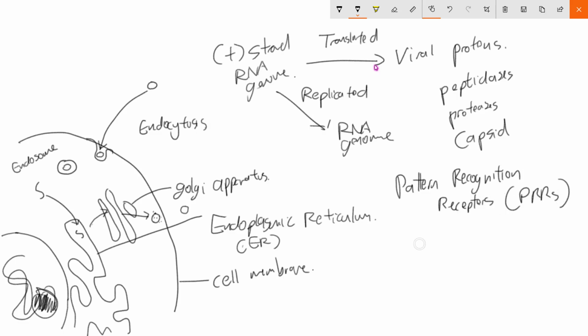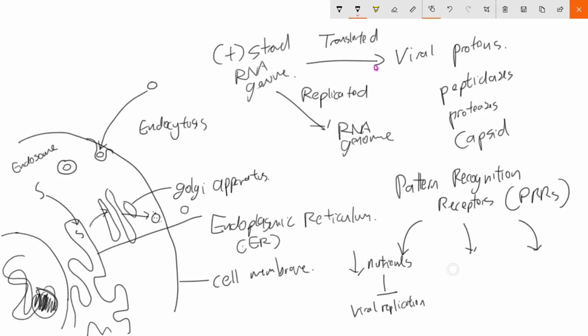These pattern recognition receptors would recognize these symptoms, and in a typical viral infection, the cell does three things. First, it decreases the use of your nutrients, so it inhibits your viral replication.